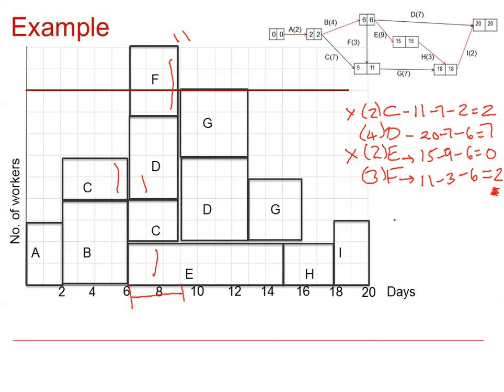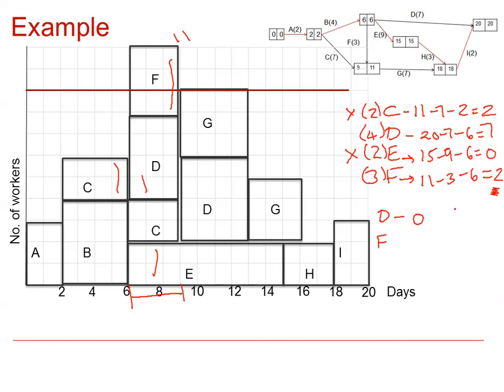If we look at both these activities in turn, we can see that if we delay activity D by 3 days, then it will still complete by its latest finish time, so it won't delay the project by any days.